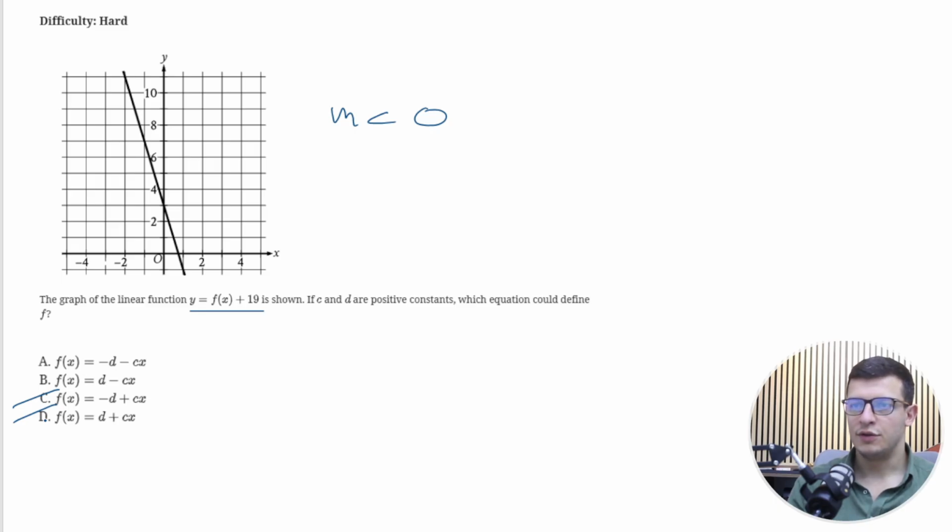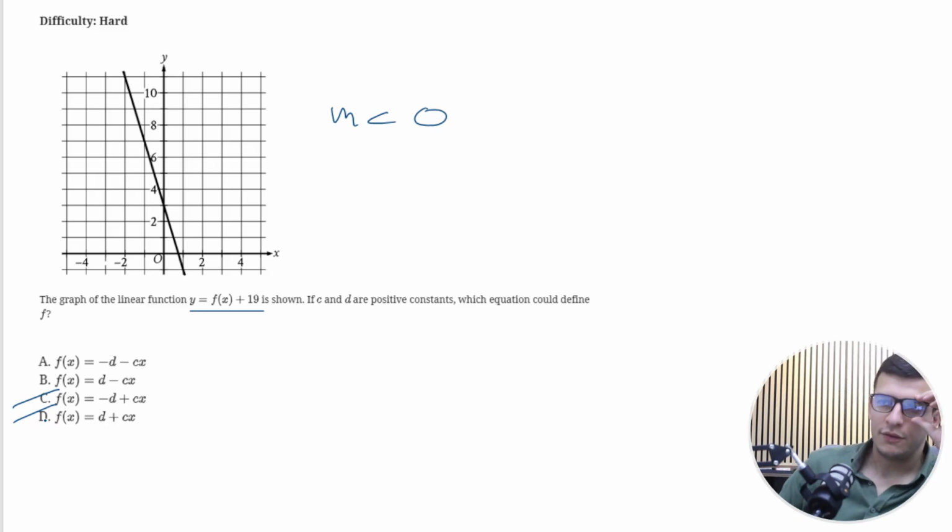Now all I have to do here is to see that c and d are positive constants, right? Well, that's why we eliminated C and D, because if c was negative, then we would eliminate A and B. So okay, negative d or d.